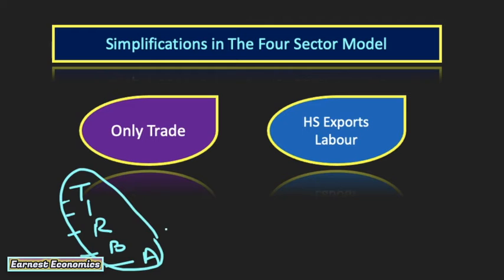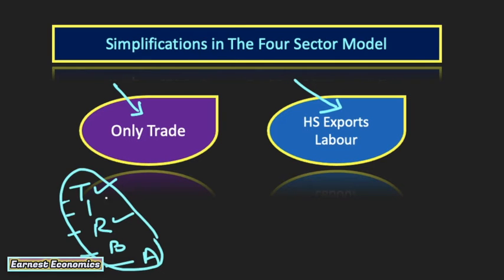The case generally is that we include only trade in the four sector model, and we include that households get remittances, and at the same time they export manpower or labor. So we restrict our relationships with the external sector to trade only and to remittances.